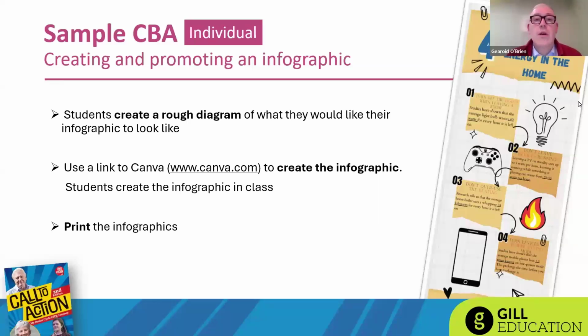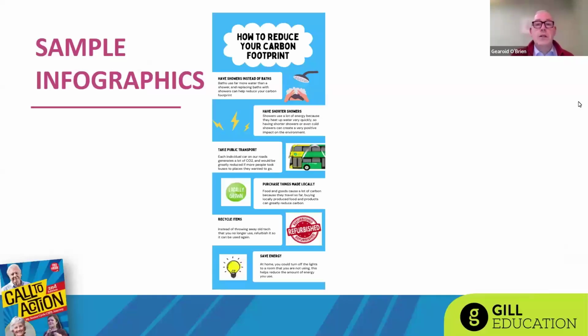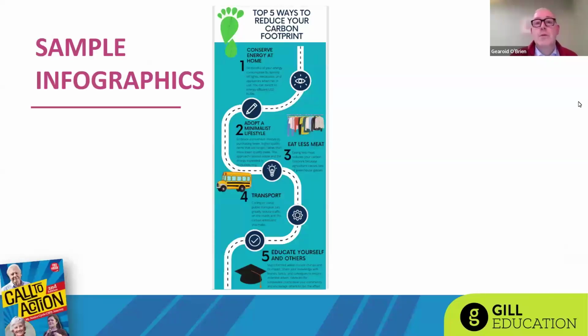Another example here of how to reduce your carbon footprint. And again, you can see 6 examples given there, bright colors and opting again, in that case, for pictures as well. It's really important that they know to do that as well. And here's another one. So top 5 ways to reduce your carbon footprint. And again, you can see the same idea.